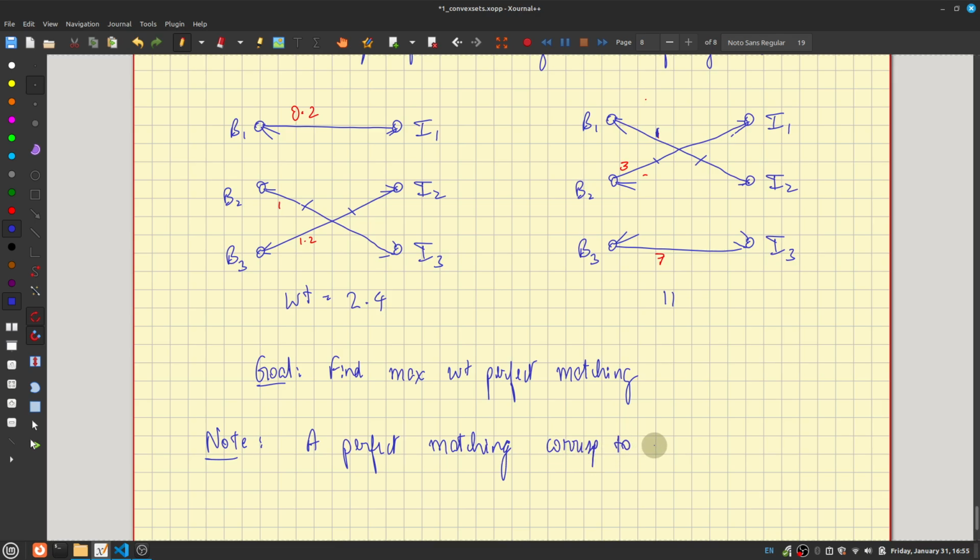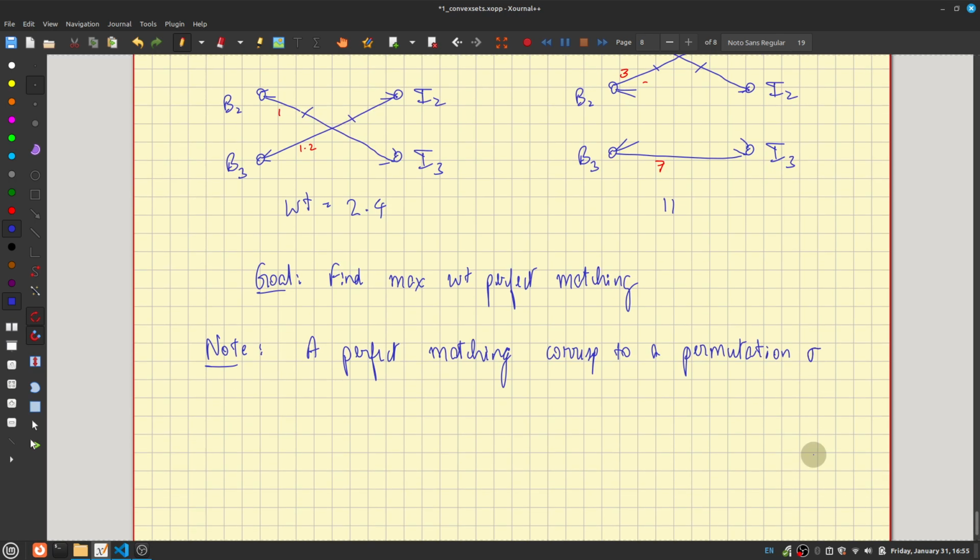Let's call it sigma. So sigma is basically a bijective map from [n] to [n]. This notation, square brackets n, is nothing but just 1, 2, 3 up to n.